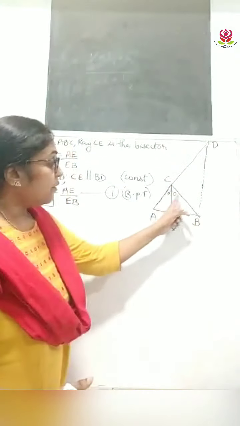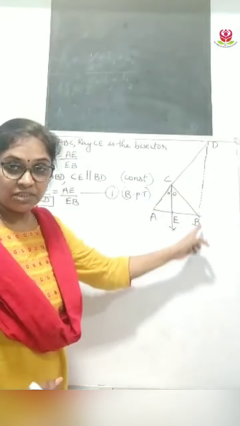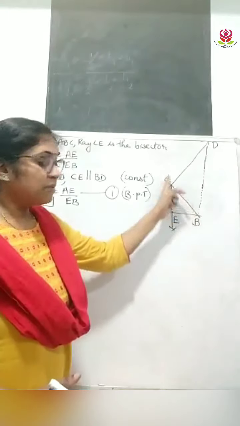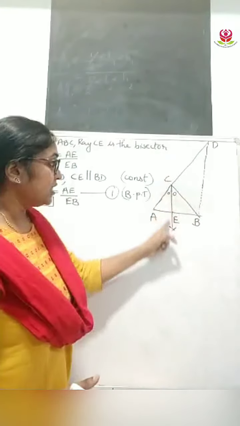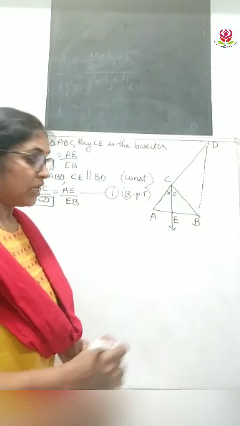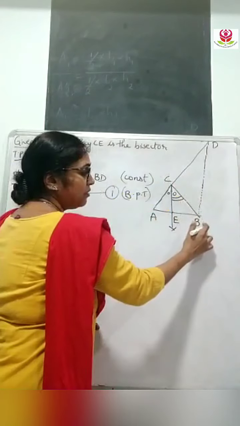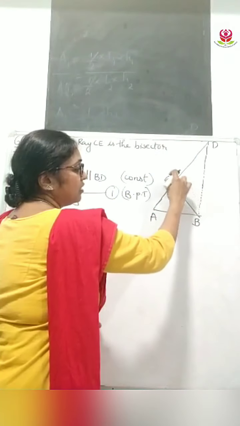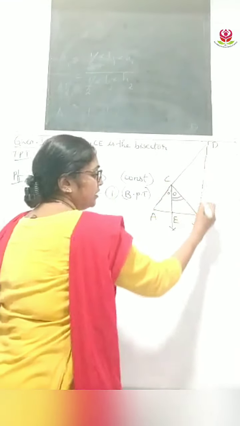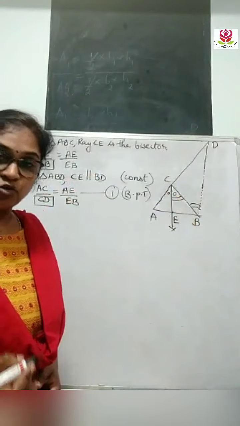They are parallel to each other, and you can assume BC as the transversal. So if we take BC as the transversal and CE parallel to BD, then you get a pair of alternate angles, angle ECB congruent to angle CBD. So this is one pair of angles which you will get congruent.